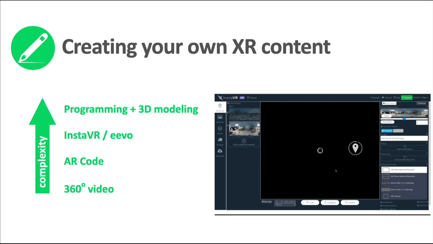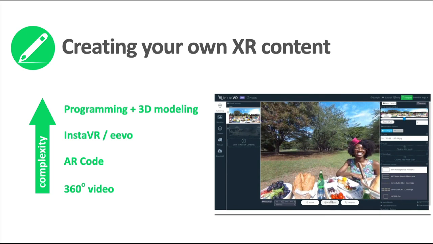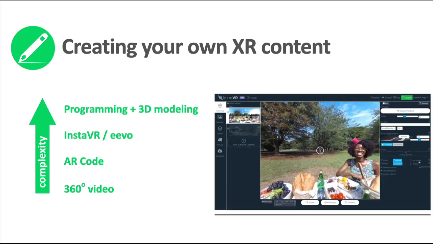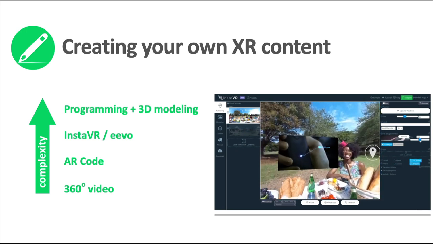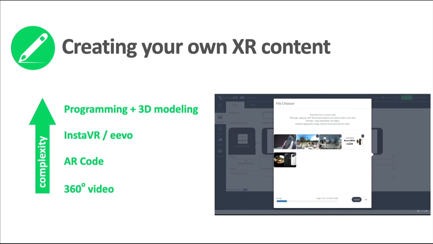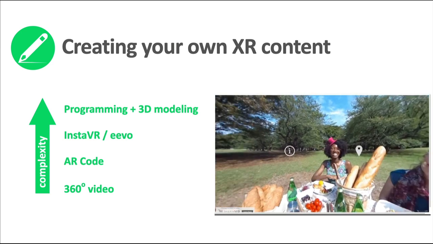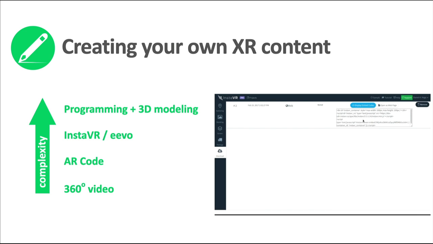InstaVR as a platform allows users to create virtual reality overlays and additional functionality and interaction within the video, which can't be done by just adding in a video. So you'll see here that over this hotspot, they're creating a separate video piece that's added in there. And so it allows the users to have some additional functionality using VR and content captured on a 360-degree camera. So in the example video, you can see when they get to that hotspot, it overlays the video here in order to make that happen.